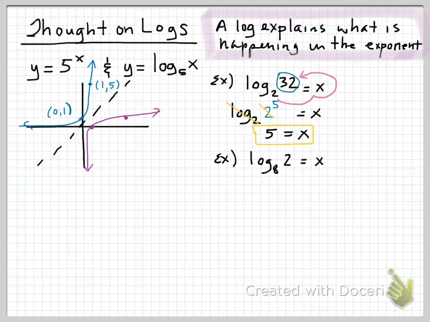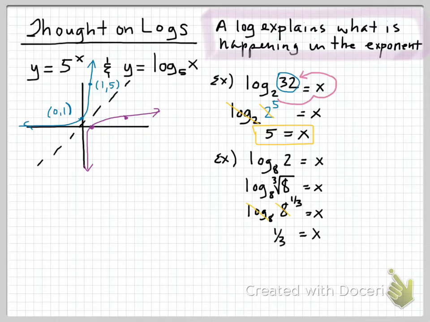I know this one's a little tricky, but if you think of the cube root of 8, the cube root of 8 is going to give you 2, and instead of writing it as the cube root, I'm going to write it as 8 to the 1/3 power. And so now notice that log base 8 and 8 should cancel, and x equals just 1/3. All right, so what's happening in the exponent? 1/3 is happening in the exponent. The exponent of what? The exponent of 8.